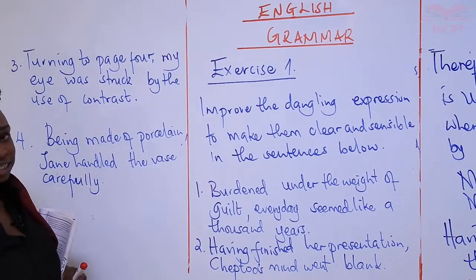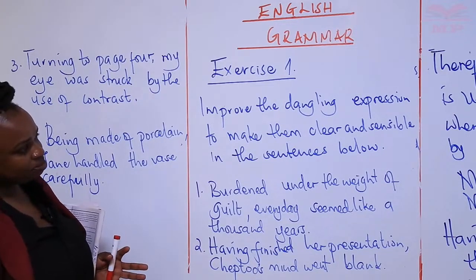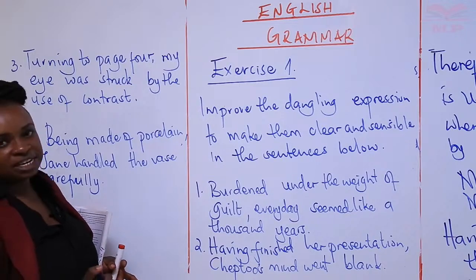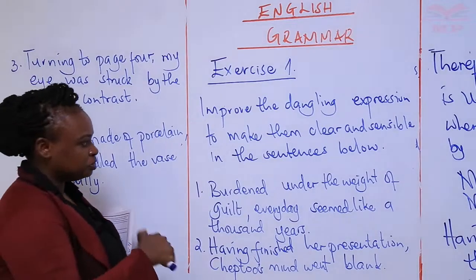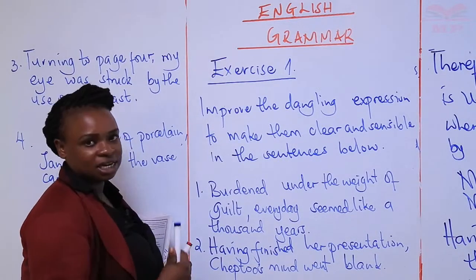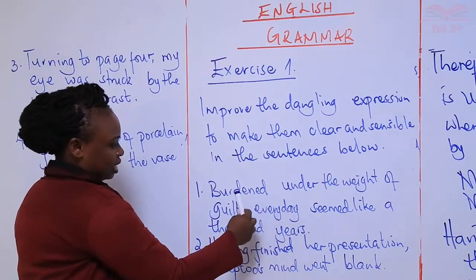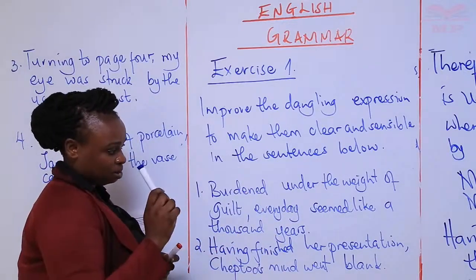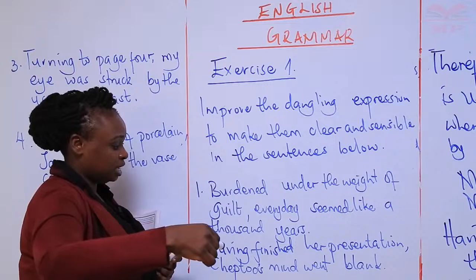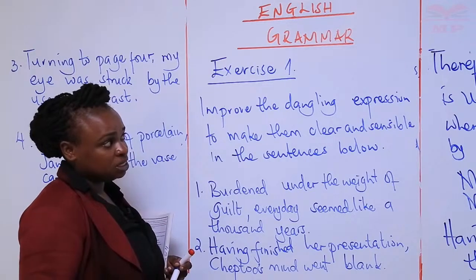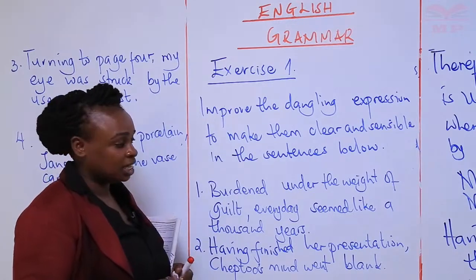If you look at those sentences, there is some sense of lack of clarity. So I want you to improve them, okay, with the skill that I've just shown you. Make sure that the two actions must be performed by the person and it should be clear, all right, so that it doesn't create ambiguity or maybe the idea of dangling expressions.